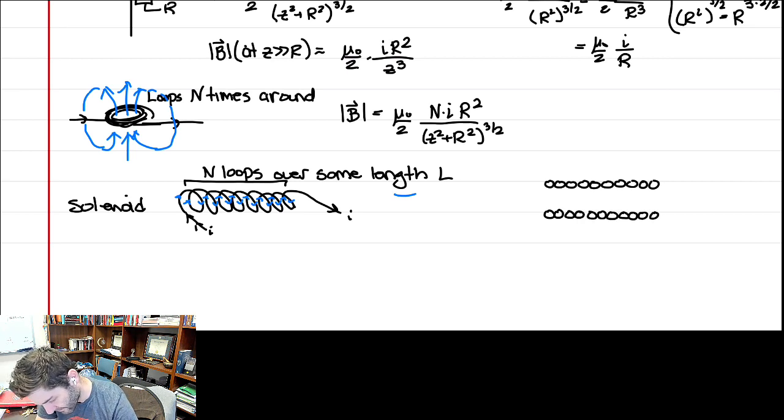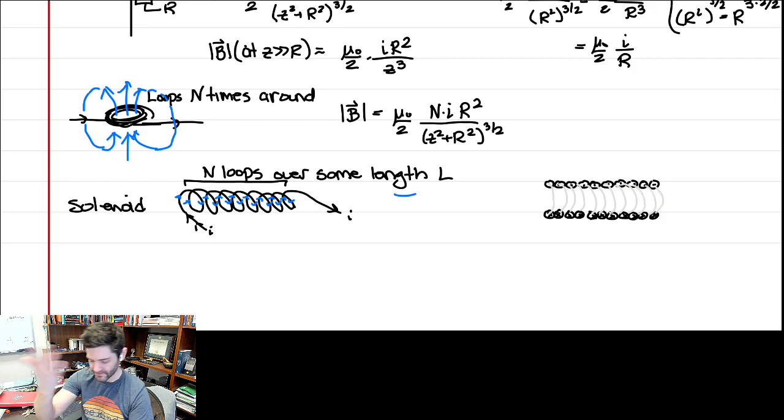If I follow the picture on the right, the current is coming out of the page on the top, and going into the page on the bottom. In a faint gray, the loops of the solenoid are doing this in front, and then they do the same thing in the back.